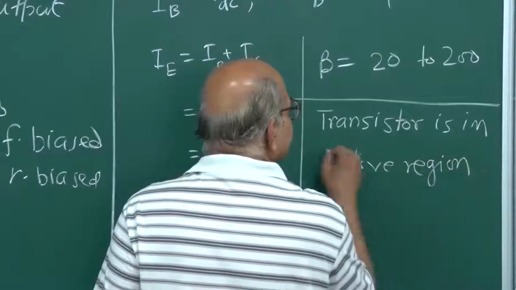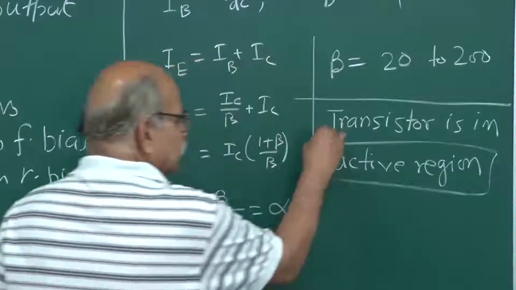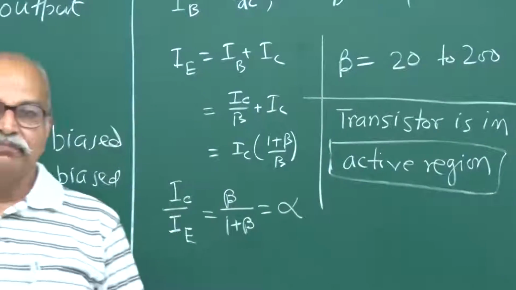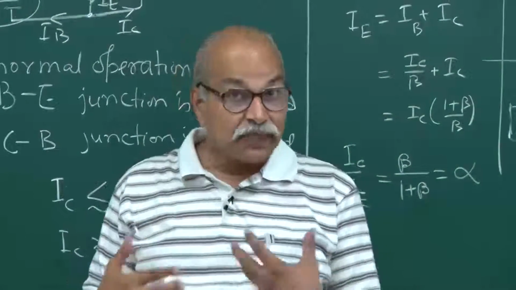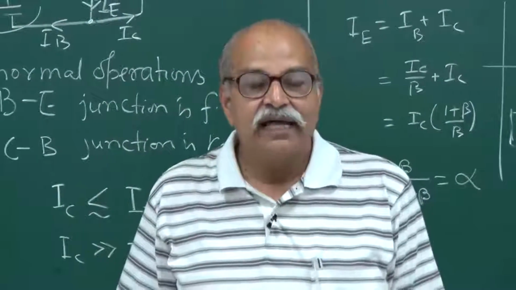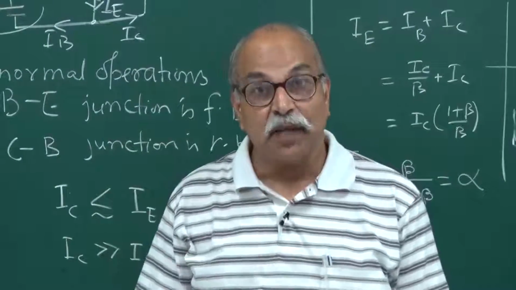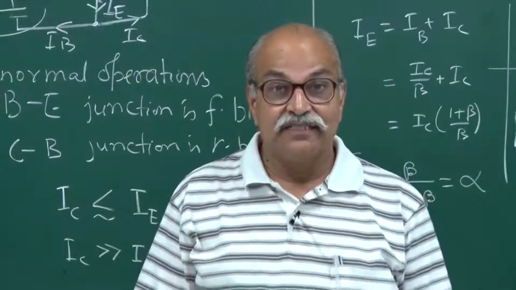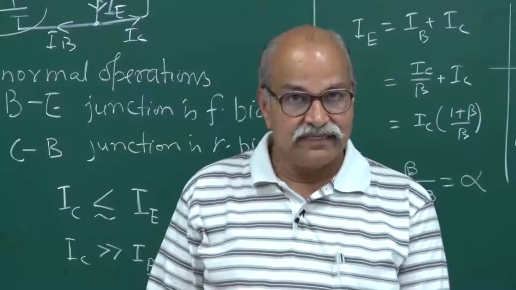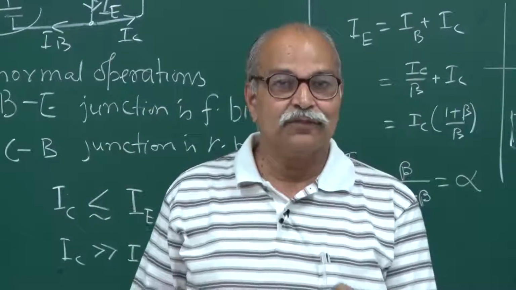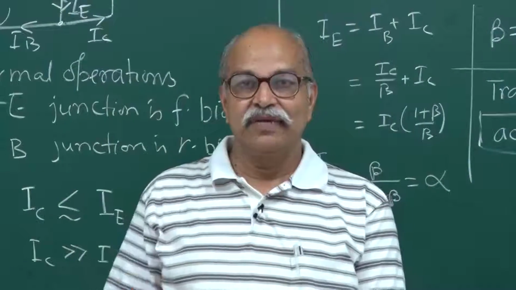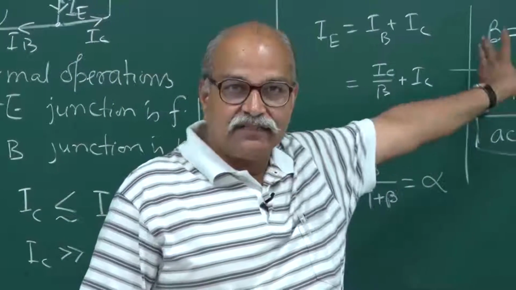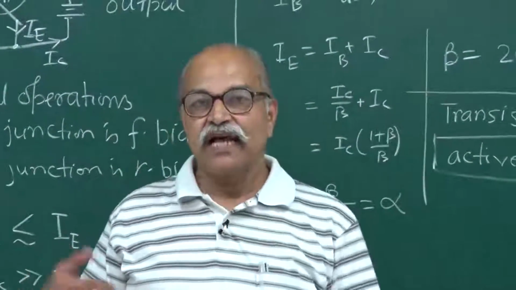So, this is the name given, active region. In active region your base emitter junction is properly forward biased, and this collector base junction is properly reverse biased, so that it is ready to receive all those electrons which are coming from the emitter to the base with this fraction, of course. So, with that it is ready.